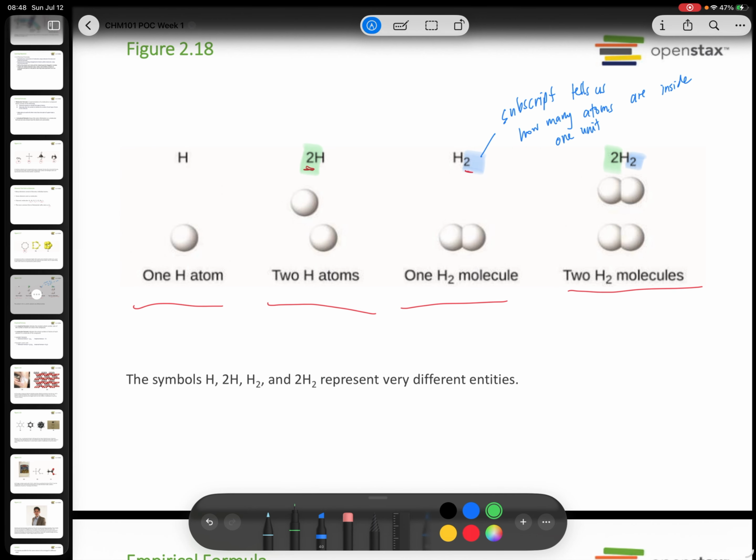Then the coefficient tells us how many units we have. Okay? Hopefully that is clear to you.